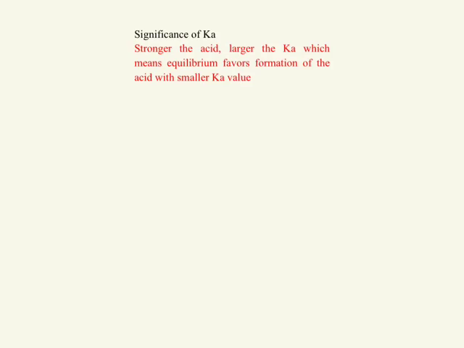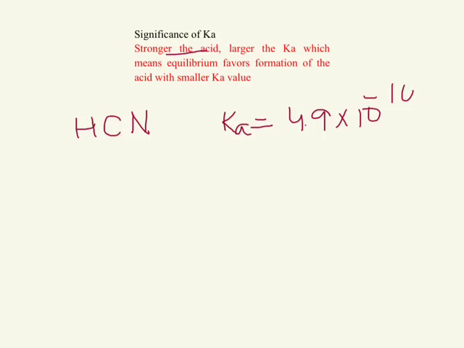Now, what is the significance of this Ka, and how is the acid dissociation constant related to acid strength? The stronger the acid, the higher the concentration of the products of an acid-base reaction, which means the larger the numerator. For example, let's take two acids. HCN, hydrogen cyanide, is an acid. Its Ka value is 4.9 times 10 to the negative 10th.